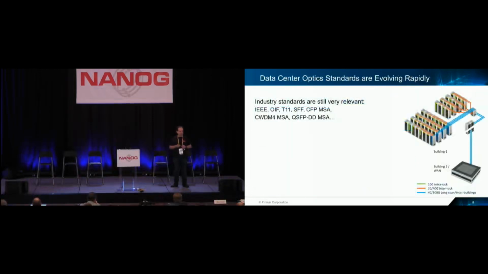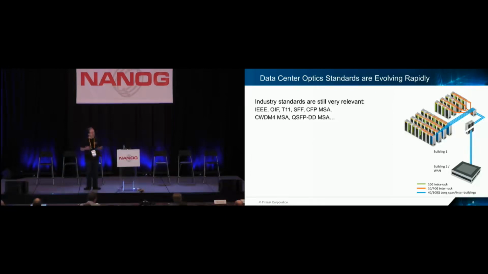So let's talk about standardization for a minute, which open networking actually makes even more relevant. There are many standards out there for different things. You have IEEE and things like T11 standardizing optical and electrical interfaces, Ethernet, Fibre Channel, OIF, internetworking, telecom interfaces. There are also the MSAs that govern transceiver form factors, things like SFF, CFP, QSFP-DD now for 400G, OSFP.